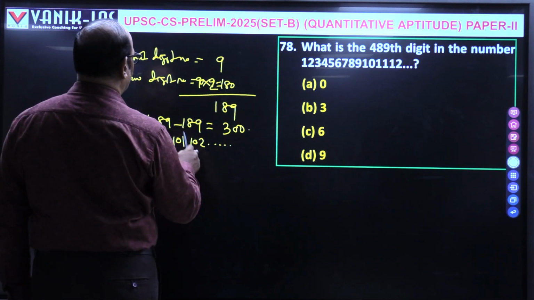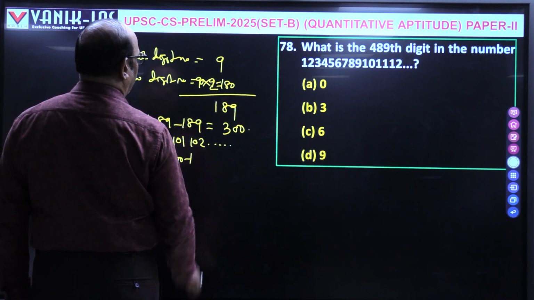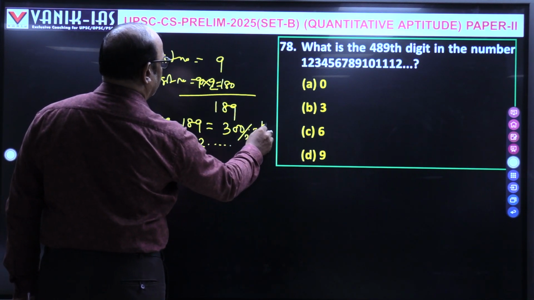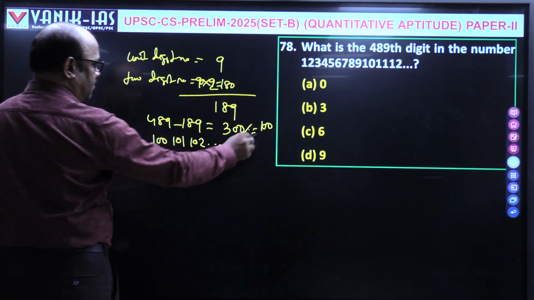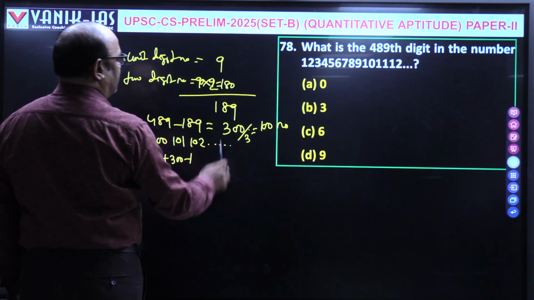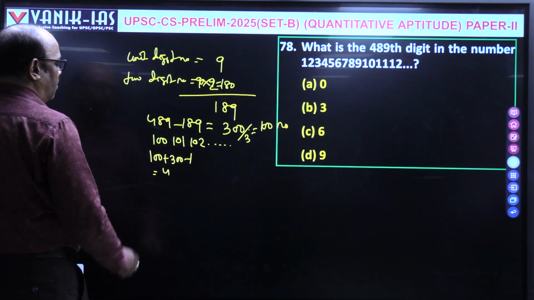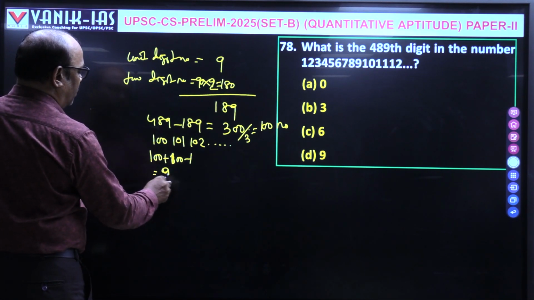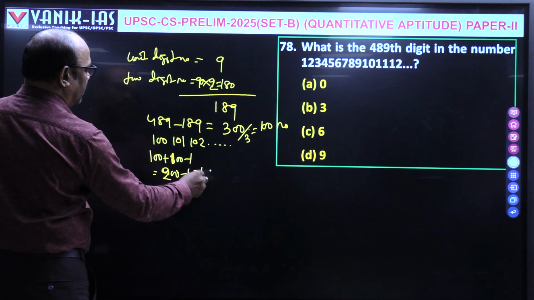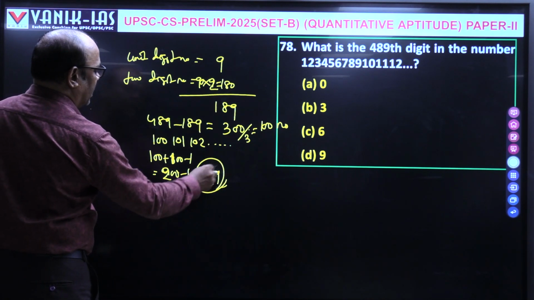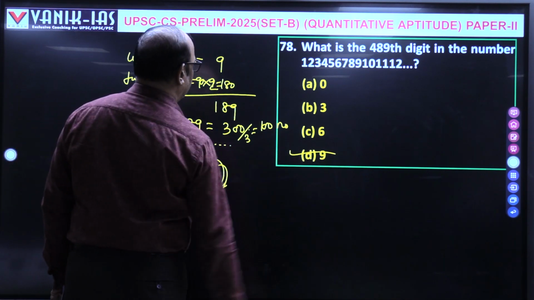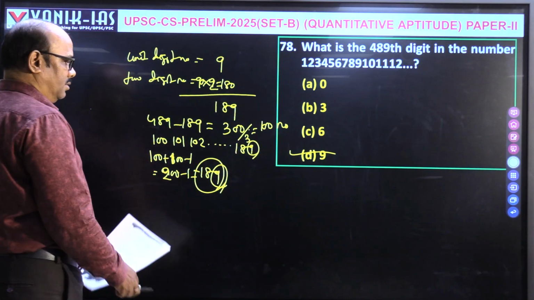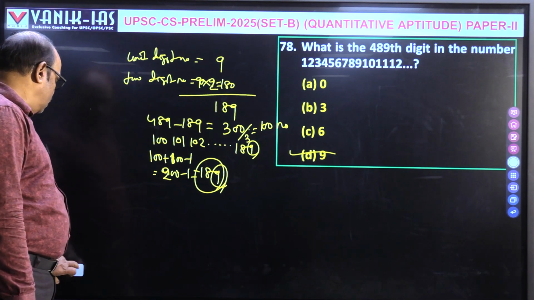We required 300 digits, so convert to numbers: 300 by 3 becomes 100 numbers. So 100 numbers from 100: 100 plus 100 minus 1, so 200 minus 1, that becomes 199. So the last number is 199, and the last digit is 9. That is option D. So this is the answer.